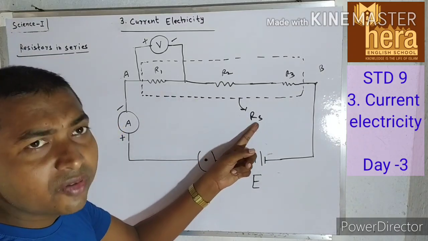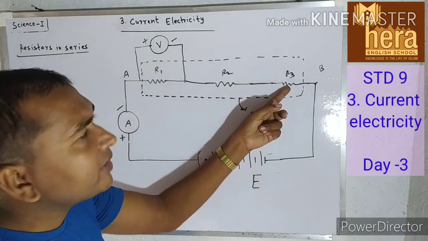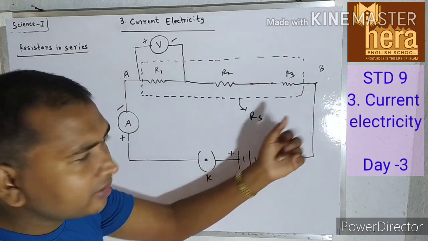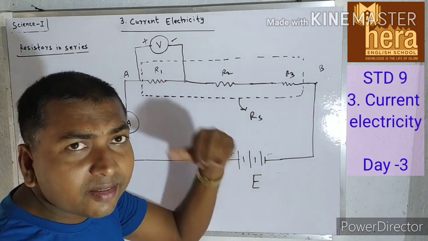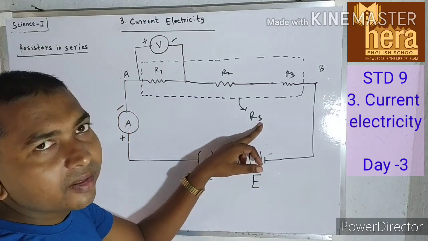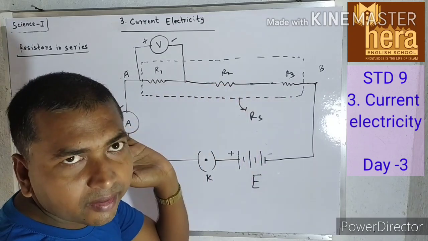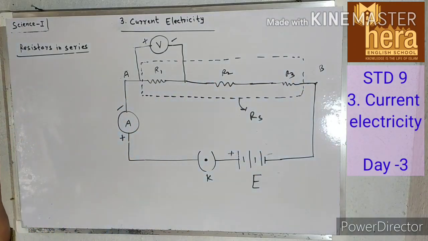Because S is for series, okay? Because there are three resistors connected in series between point A and B. So RS means total resistance connected in series, or effective resistance, or equivalent resistance connected in series. You can take R as well, no problem at all. Okay?